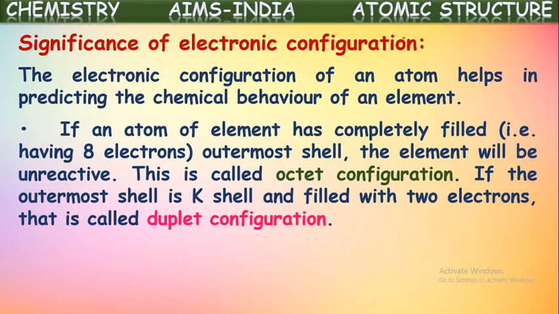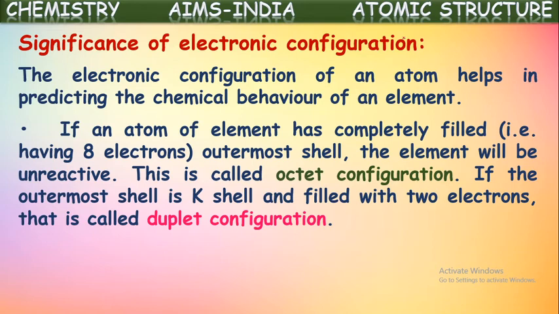Suppose an atom of an element has a completely filled outermost shell. Completely filled in the sense that the outermost shell can accommodate a maximum of 8 electrons. So if an atom of an element has 8 electrons in its outermost shell, then the element will be unreactive or more stable.